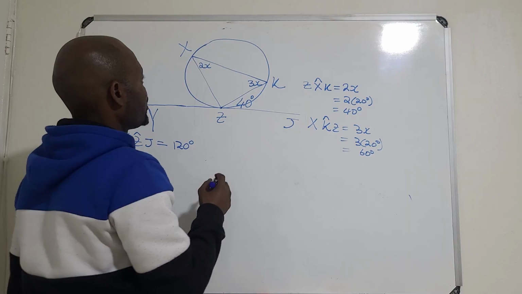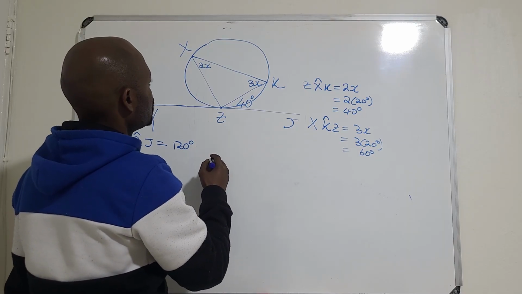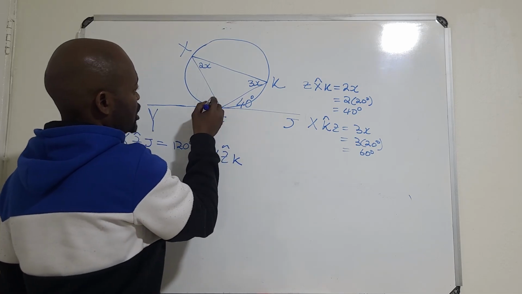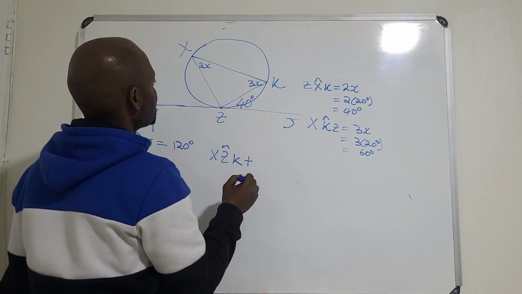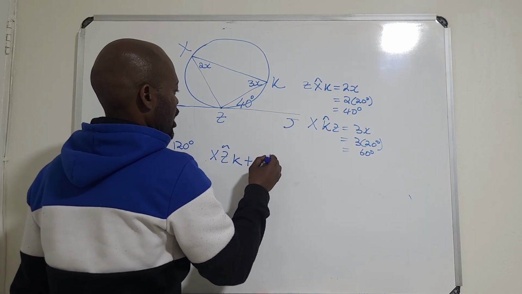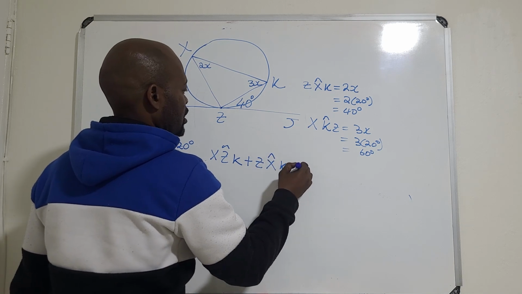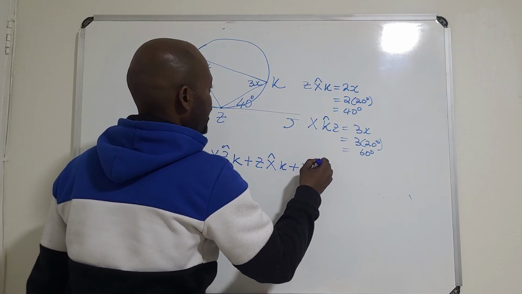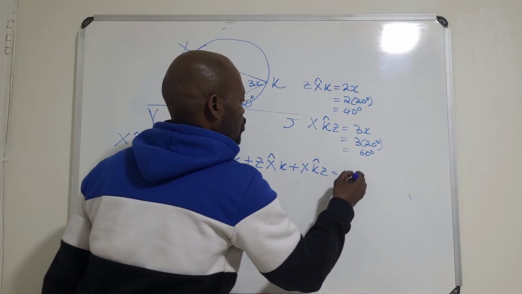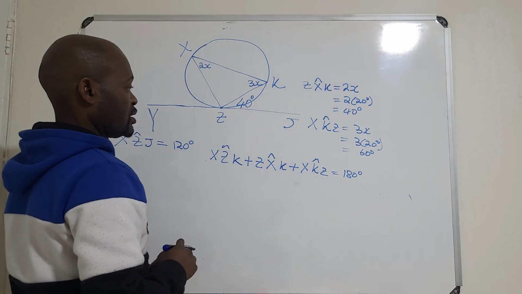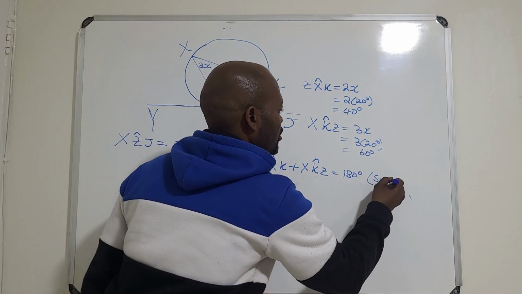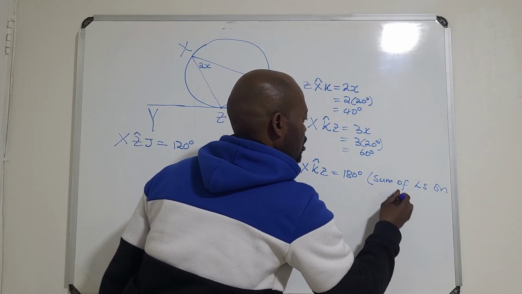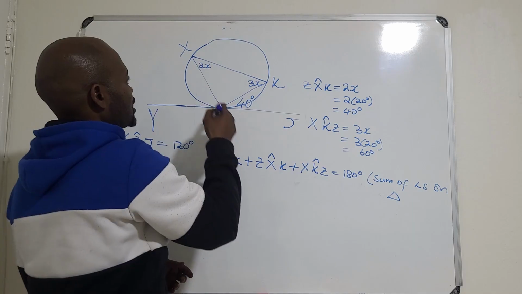For us to find that angle, we need angle XZK, which is this angle there, plus angle ZXK, plus angle XKZ, which is equal to 180 degrees. Reason: sum of angles in a triangle. Which triangle is that? XZK.